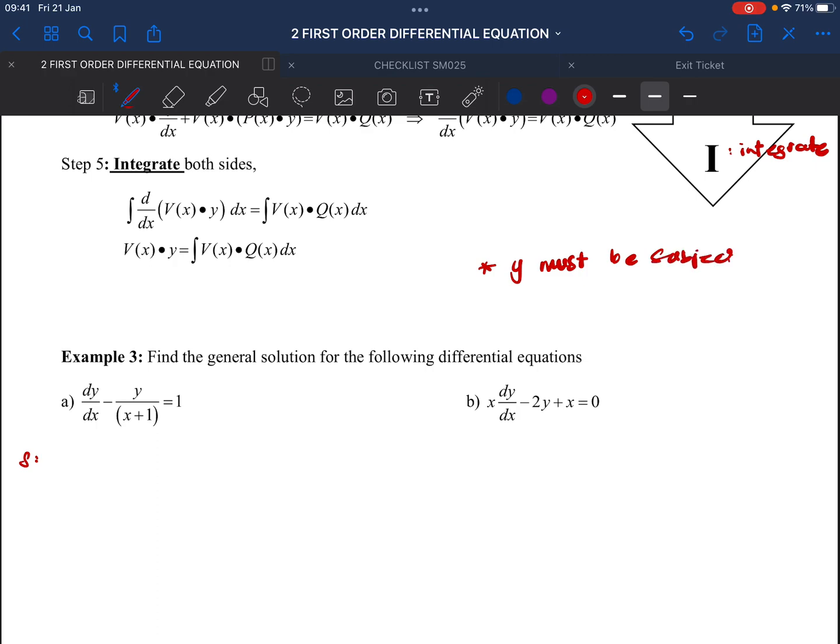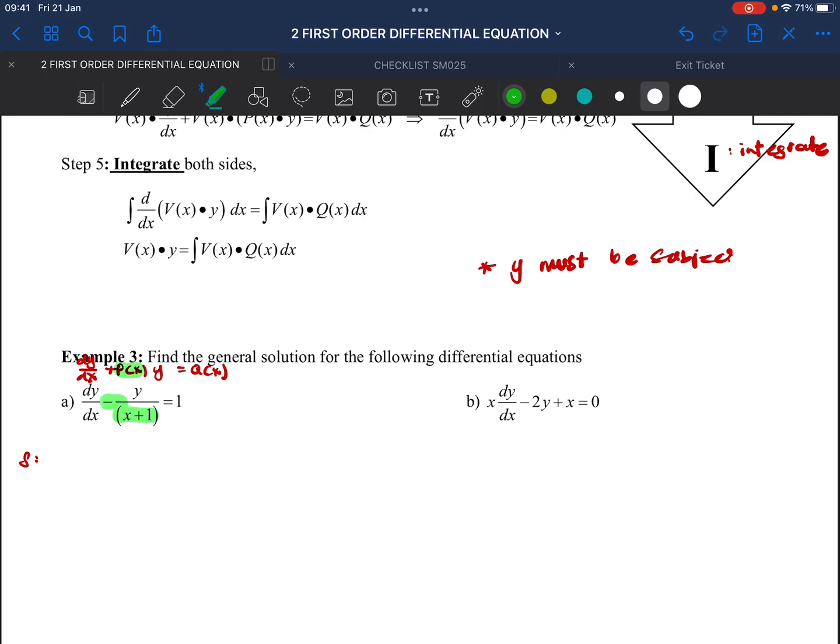So now let's look at question A. We have dy over dx minus y over x plus 1 equals 1. So this is already in standard form, which is dy over dx plus P(x) y equals Q(x). So kita boleh keluarkan our P(x) is actually negative 1 over x plus 1.